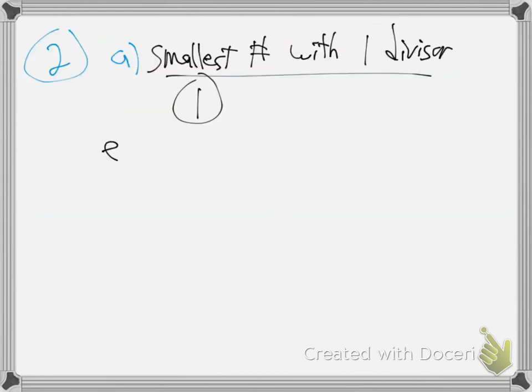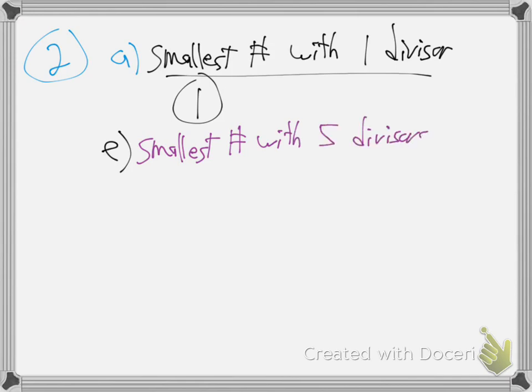All right, so let's go on to E. E asks the smallest number with 5 divisors. What's the smallest number with 5 divisors? What's the template?